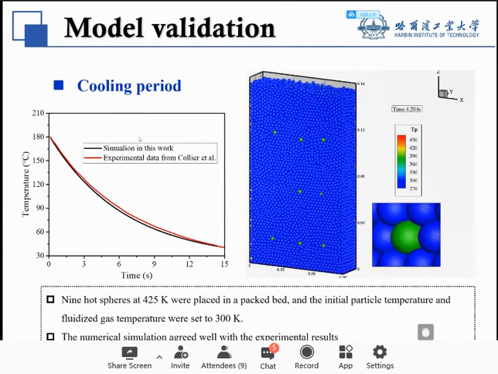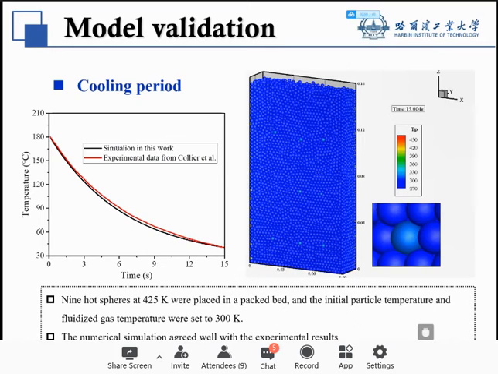For the model validation, we compare the cooling period of the hot sphere. In the right video, we can see that 9 hot spheres are placed in a packed bed, and the initial particle temperature and the fluidizing gas are set to 300 Kelvin. Then we can find that the numerical simulation agreed well with the experimental results.